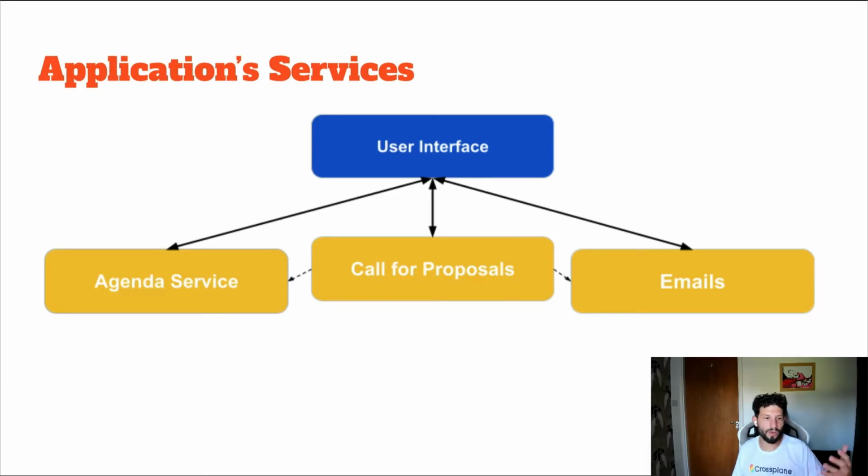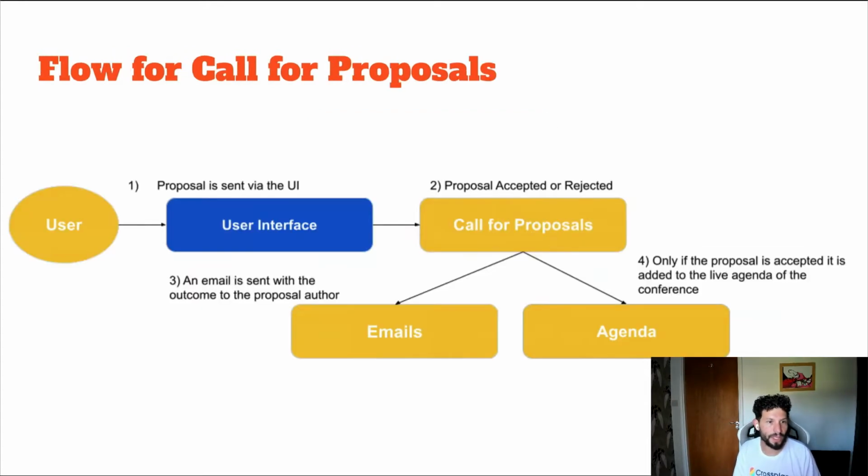So we have all the items that are in the agenda, all the presentations that are already confirmed, and we have also a call for proposal service that is basically accepting new proposals for potential speakers. And we have an email service that is basically sending notifications about the proposals. Because of these services, we will concentrate on a simple flow, which is the call for proposal flow that looks like this, right?